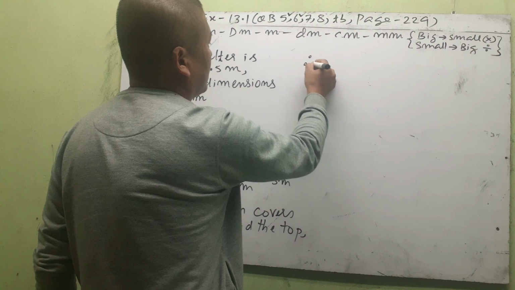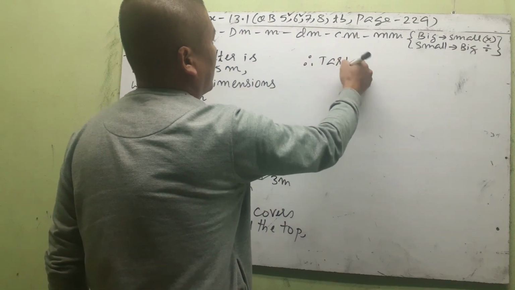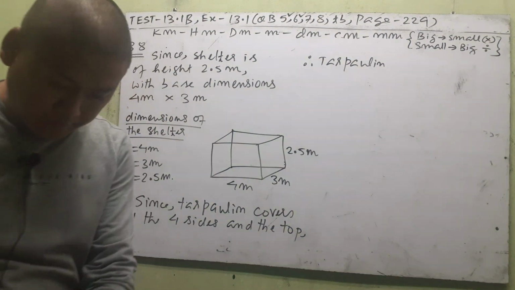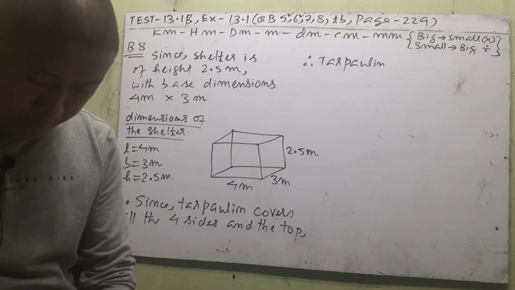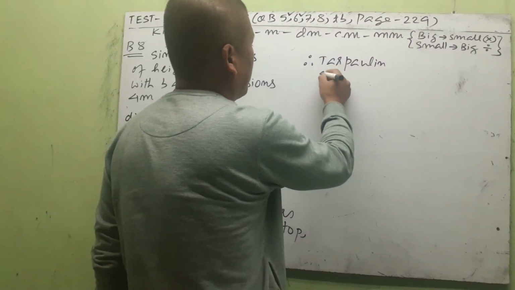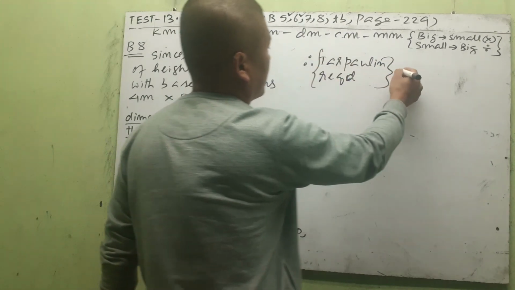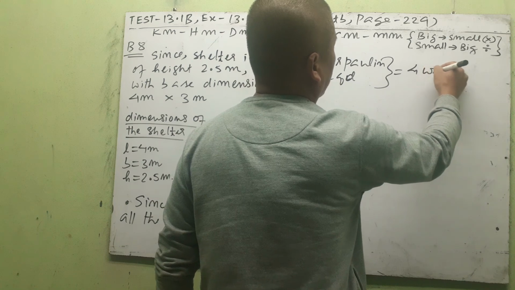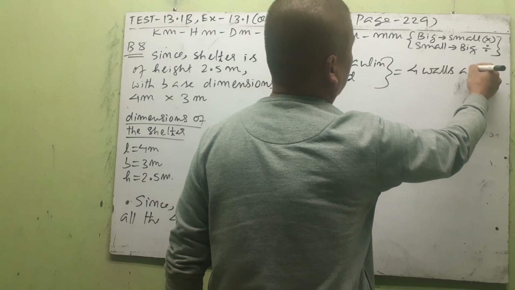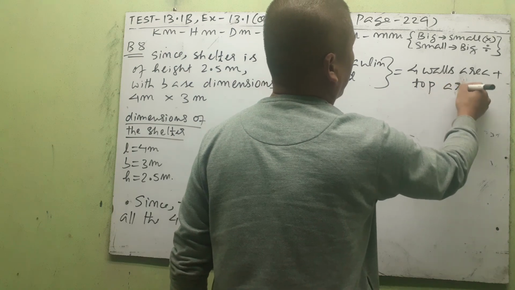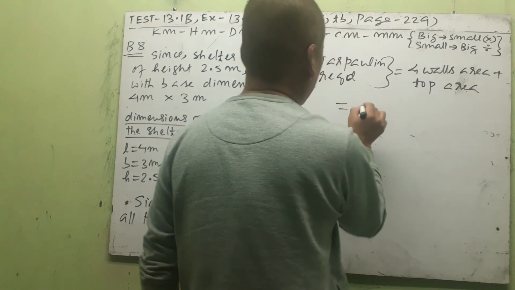Therefore, tarpaulin. What the question is saying, how much tarpaulin will be required? Tarpaulin required, our answer will be 4 walls area as indicated in the question, 4 walls area plus top area, because that's what the question is saying.